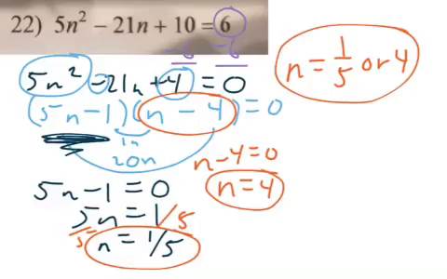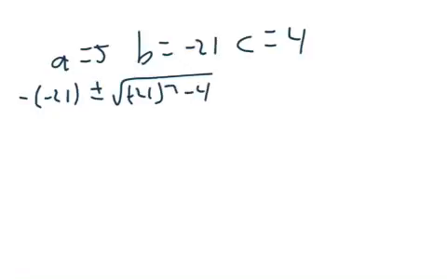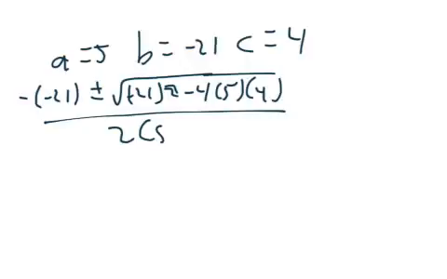Let's double check that. 5, negative 21, and 4. Looks good. So, could I not do the negative of b plus or minus square root b squared minus 4, that's a squared right there, minus 4 times a times c all over 2 times a.